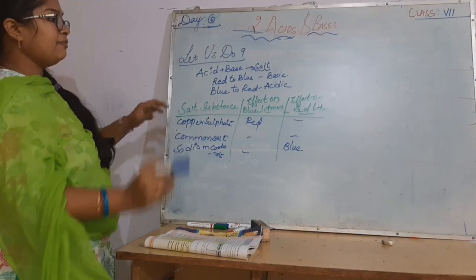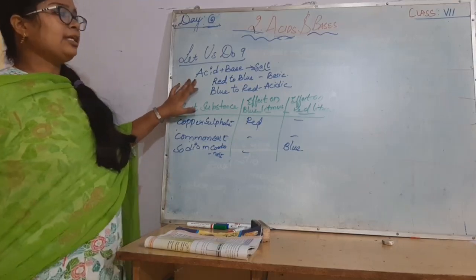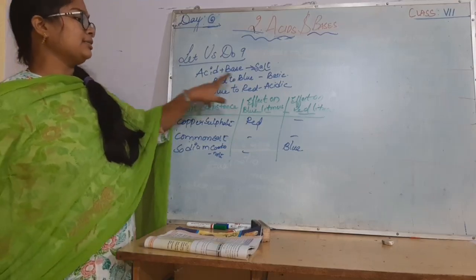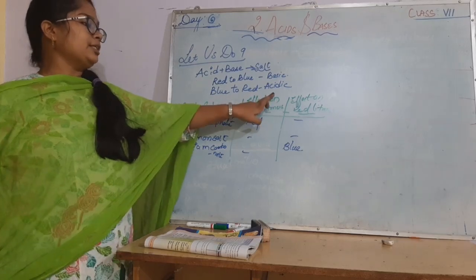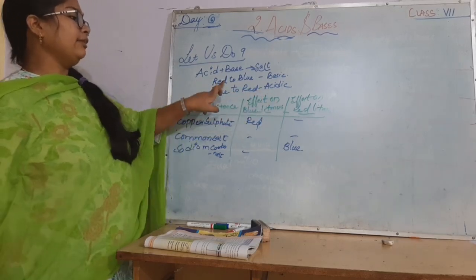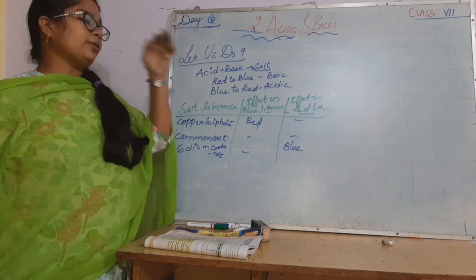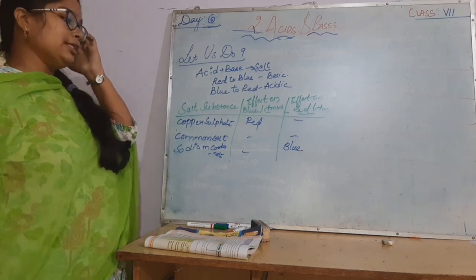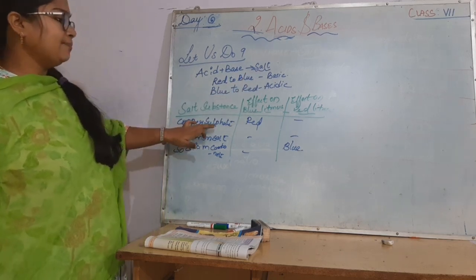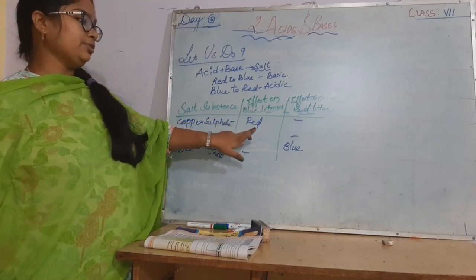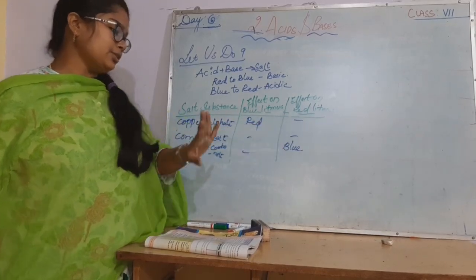As I said, if the acidic nature is more in the salt when acid and base are combined, then it is said to be an acidic salt. If the base is more, then it is said to be a basic salt, isn't it? So copper sulfate: with blue litmus paper, it changes to red; with red litmus paper, it does not change.